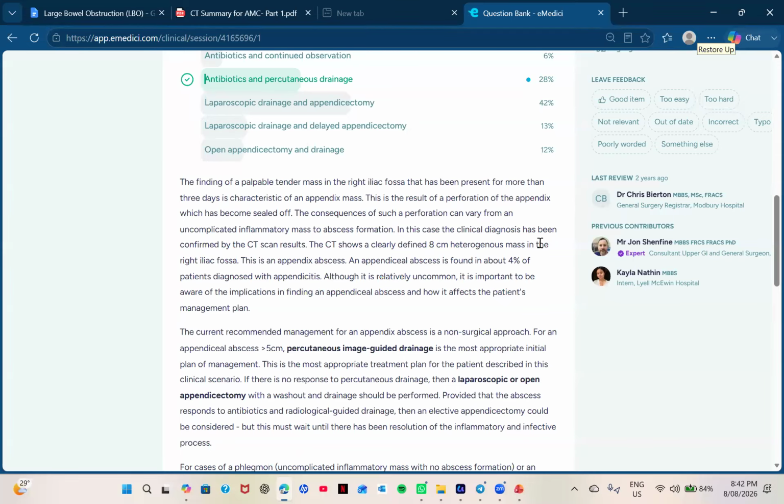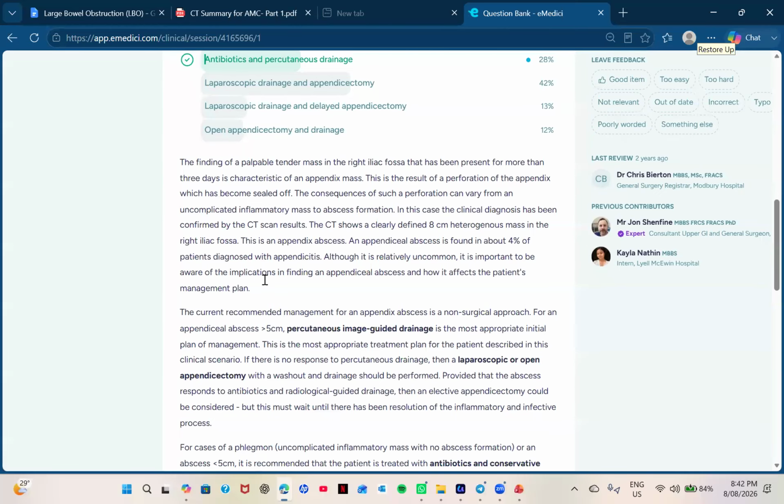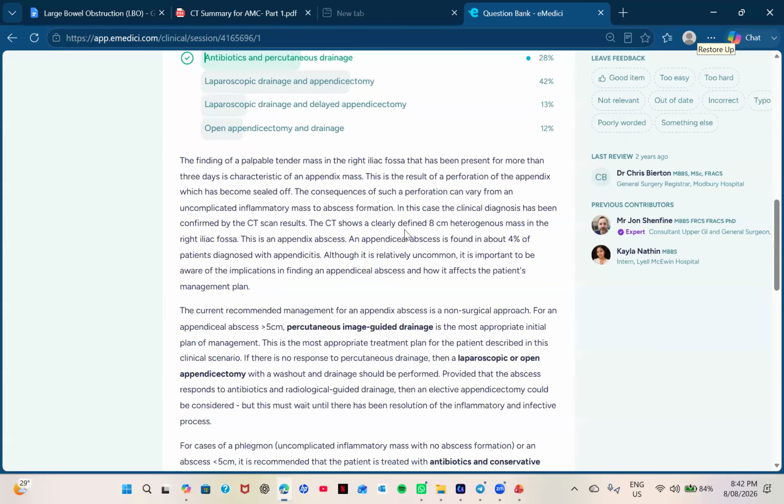In this case, the clinical diagnosis has been confirmed by CT scan.